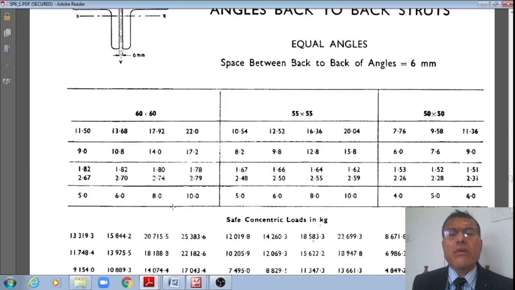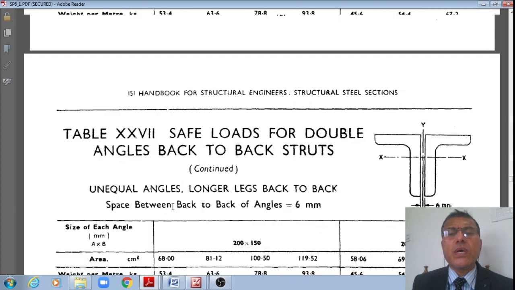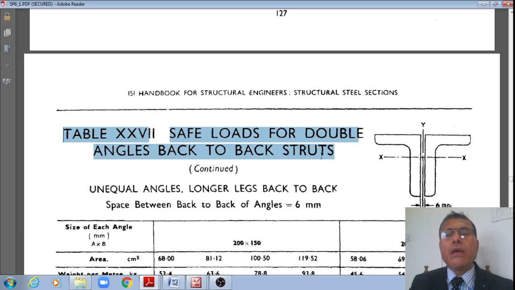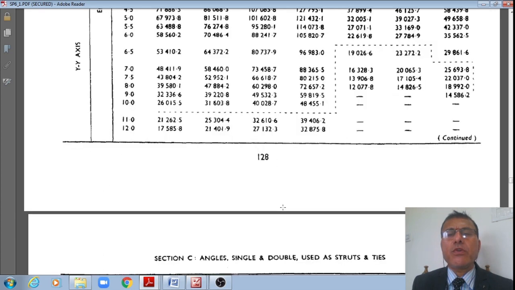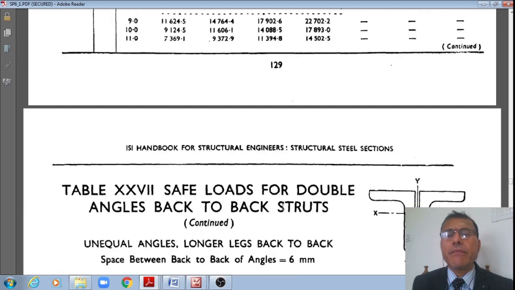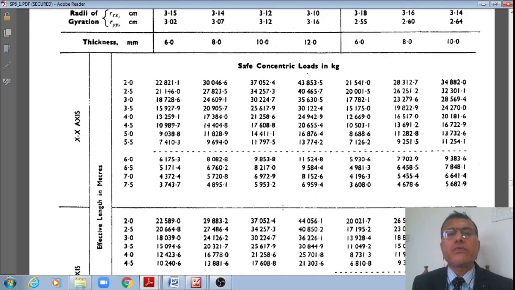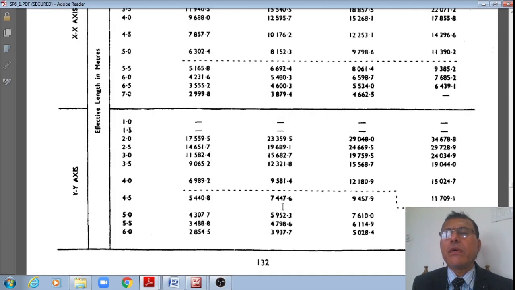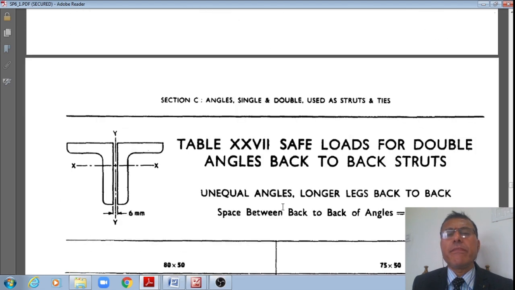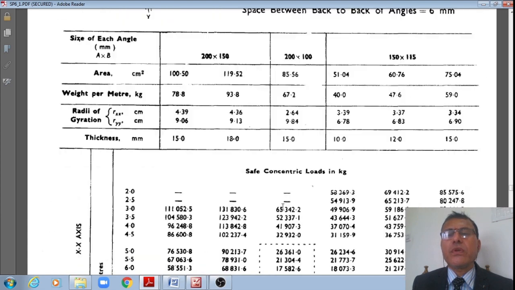Now let us move quickly to the other discussion, students, right? Now this is how the unequal angles, longer legs back to back in table 27, longer legs back to back with 6 mm, and so on and so forth, right?